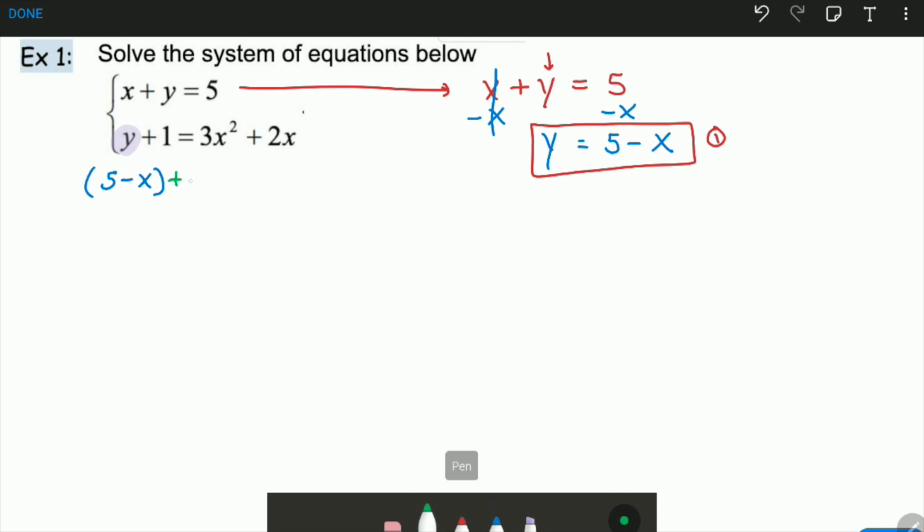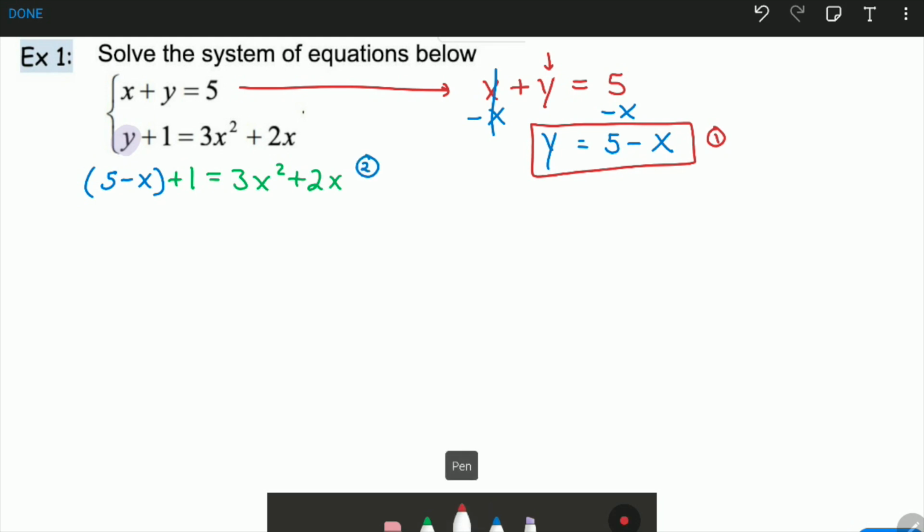Plus 1 will come down, and so will everything on the other side of the equal sign. Now, I did put the 5 minus x in parentheses. That's not really necessary in this case because there's nothing connected to y by multiplication. So now we just have to solve this equation. That was step 2, just setting up.